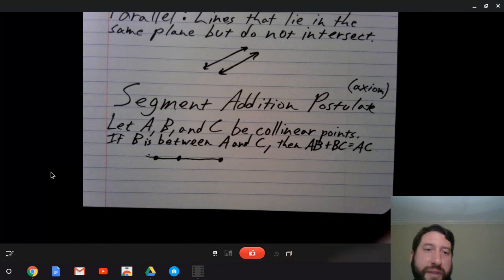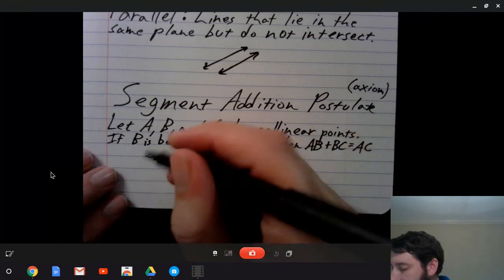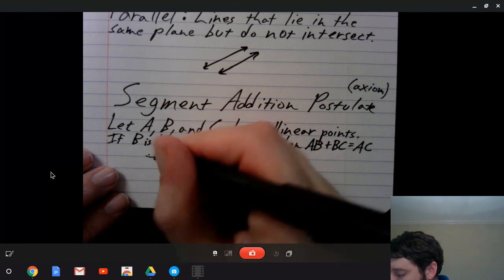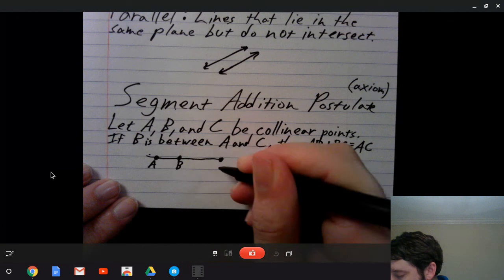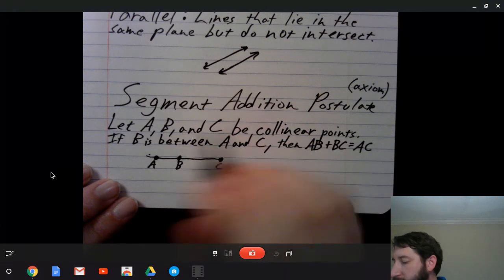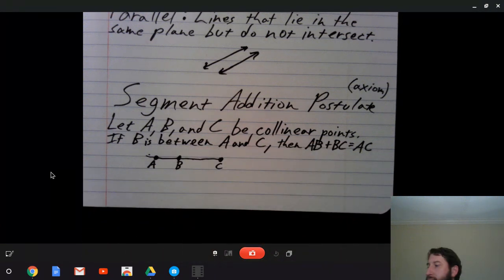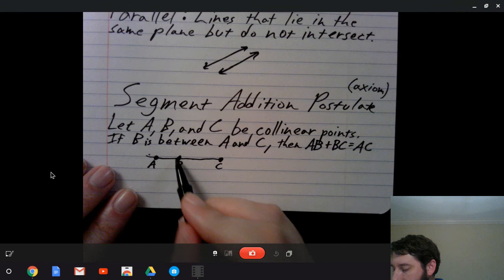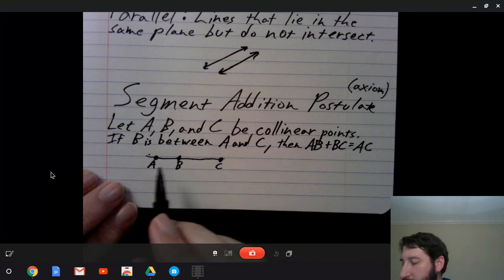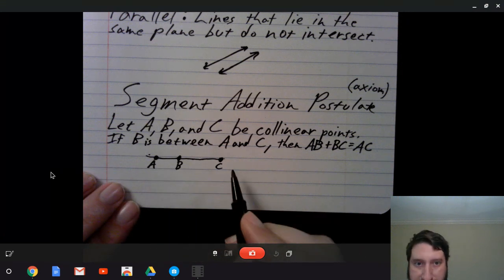Line addition wouldn't make sense because lines are infinitely long. So we're talking about line segments. All right, so let's let this be A, this is B, and this is C. Now, this line segment AB plus line segment BC is going to equal line segment AC.